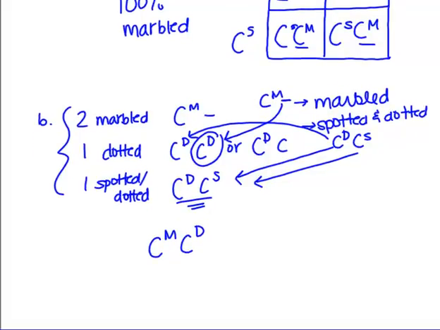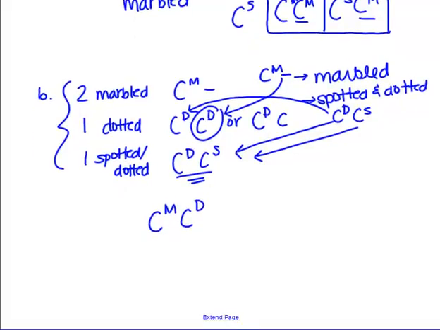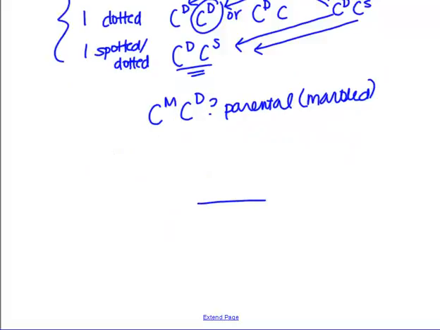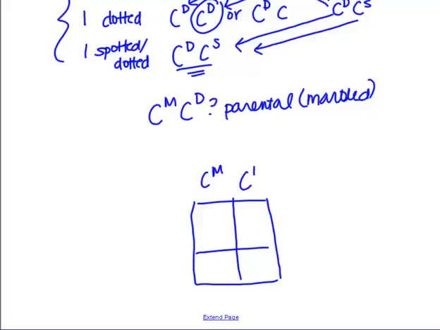So let's do a Punnett square just to be sure we get the right ratios. If this is our guess for parental. And again, this would look marbled because it has the one CM allele. So if we do the Punnett square, you have CM, CD, and CD, CS.